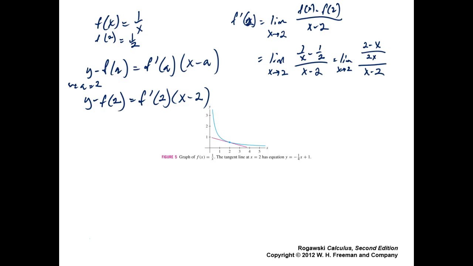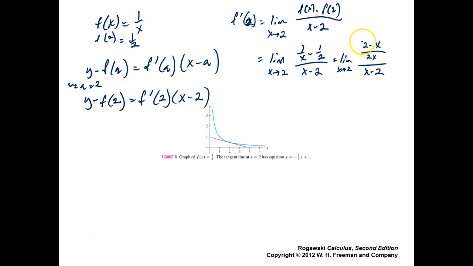Now, does anything look suspiciously possible here? How do you do that? You flip it around. Okay. How about this?